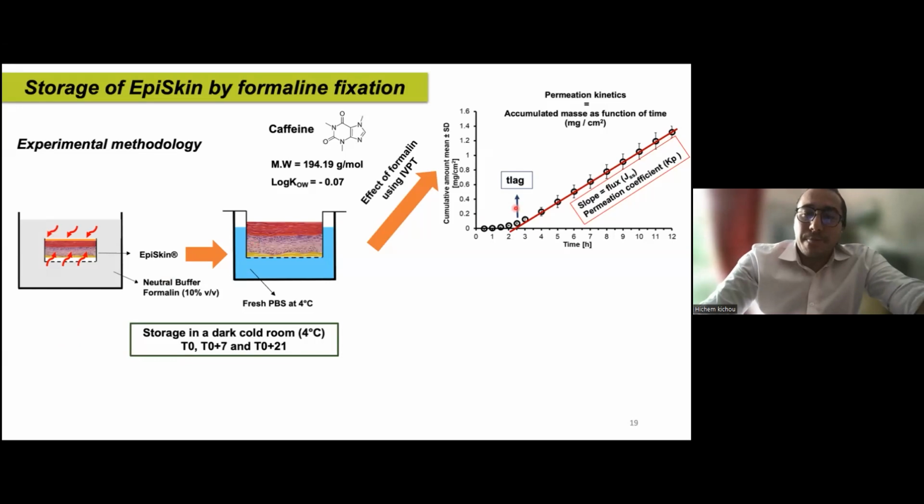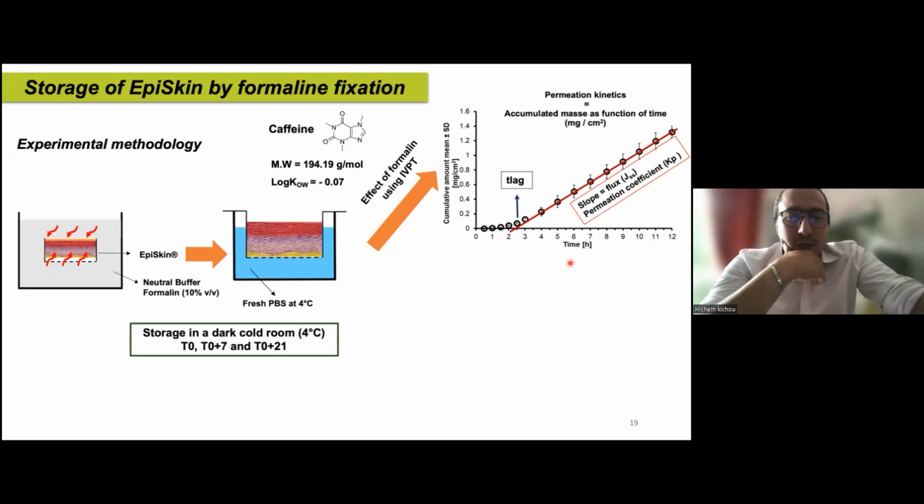Then the permeation experiments were conducted in triplicate at T0, corresponding to the time immediately after the 24 hours fixation protocol, T0 plus 7 days, and T0 plus 21 days. And of course, fresh samples are used here as control.